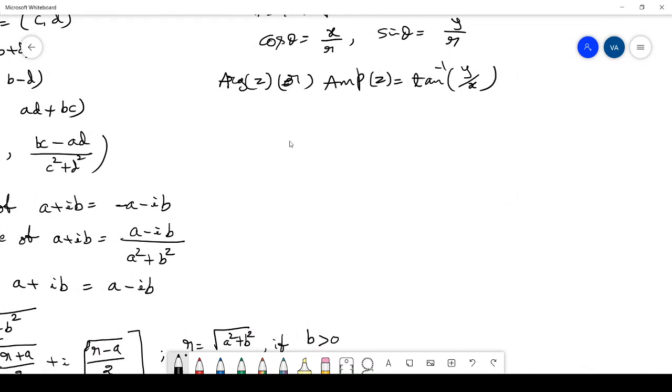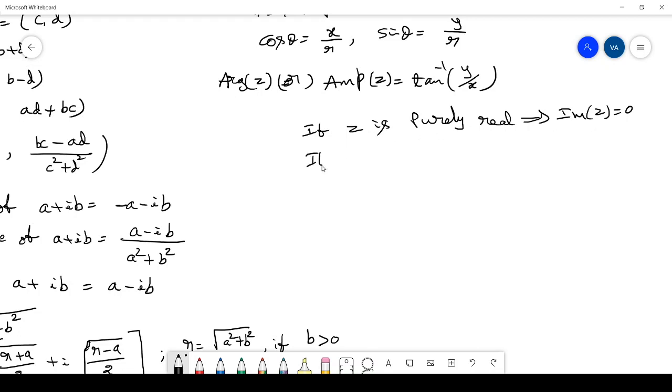Next point is, if z is purely real, then the imaginary part of z is 0. Purely real means that number has only a real part, so the imaginary part is 0.